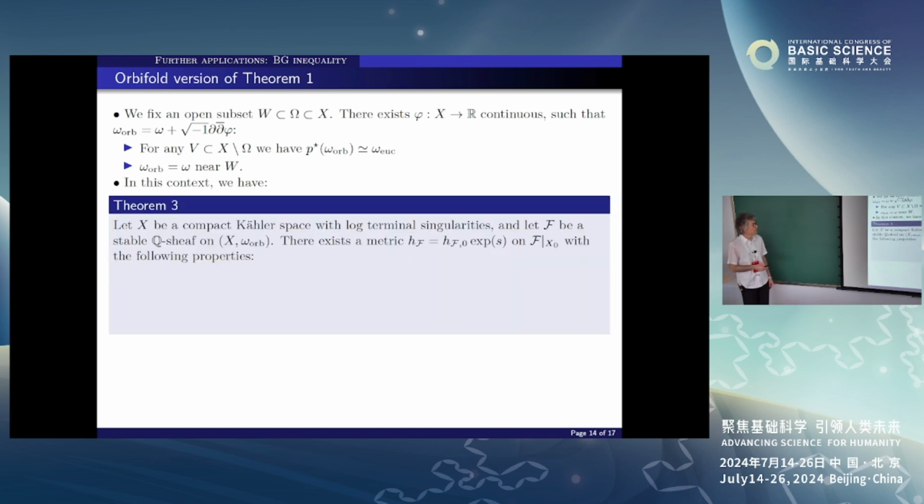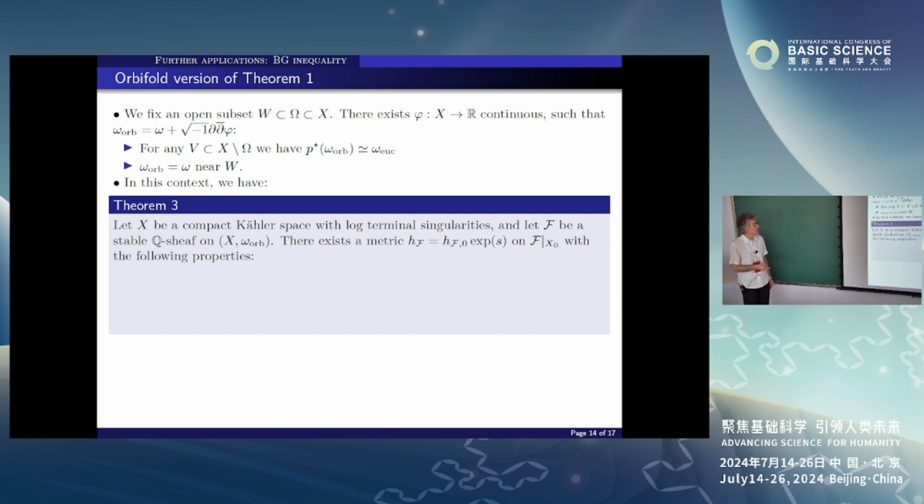And then in this context, we have the following. We have a compact Kahler space with log terminal singularities. Again, in this context, even if I will not tell you what this means, the hypotheses before are satisfied. And then we are given a stable Q-sheaf on X orb.